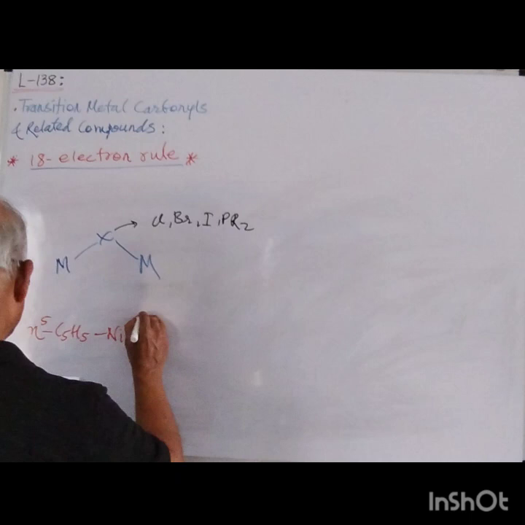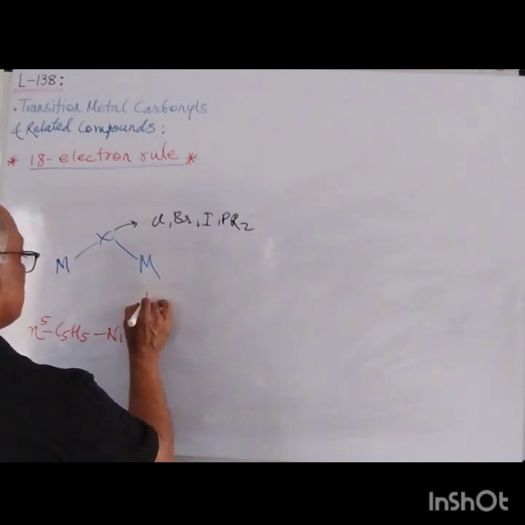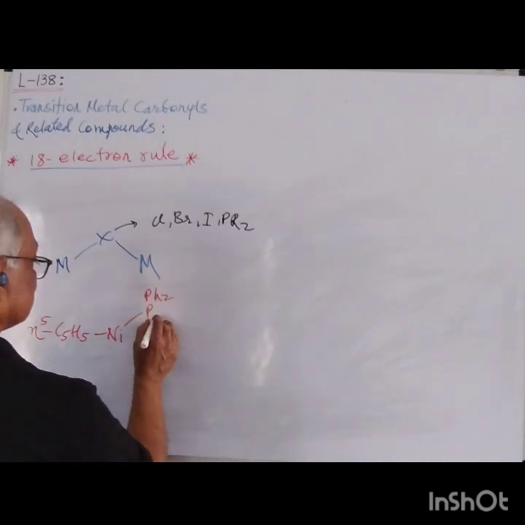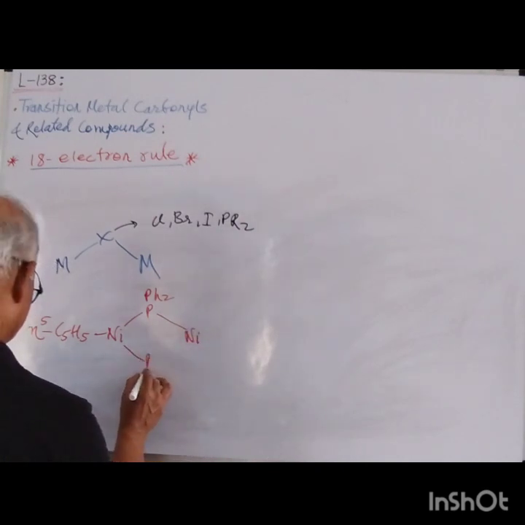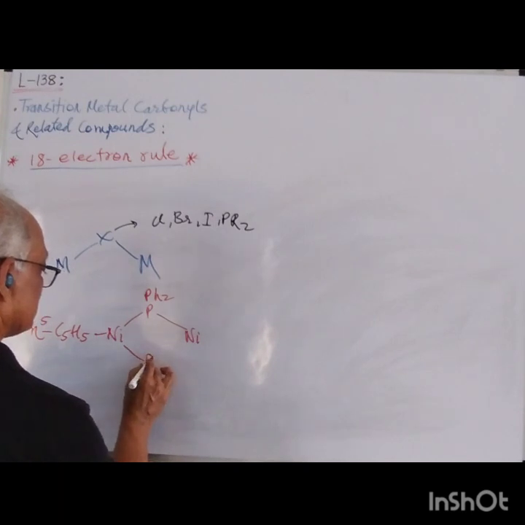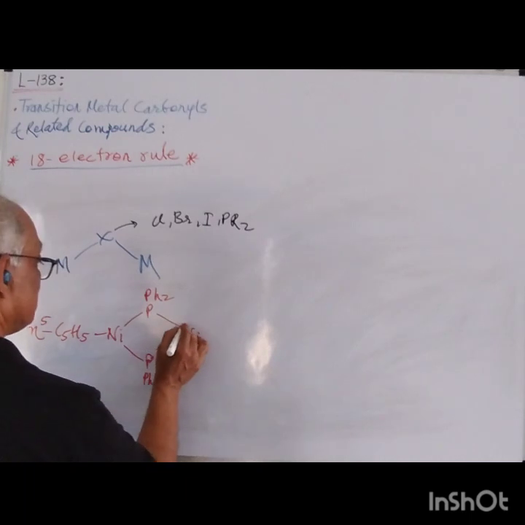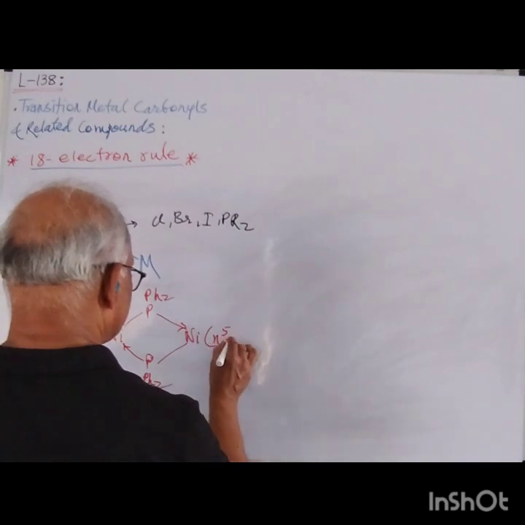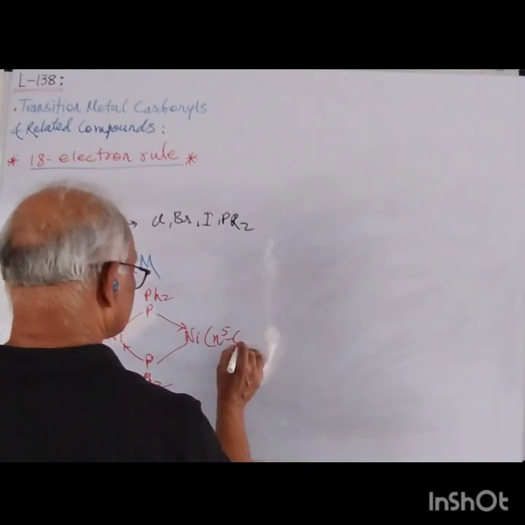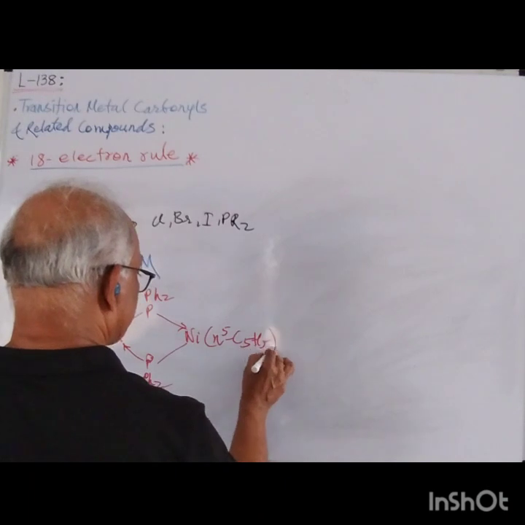So this is bridging with PH2. Here in P, PH2. So we can show this contribution like this: eta5 C5H5.